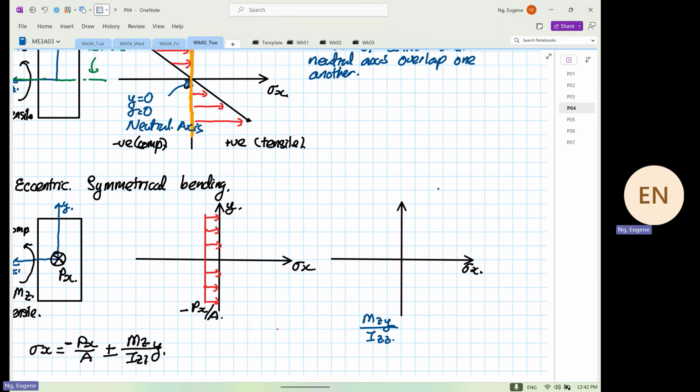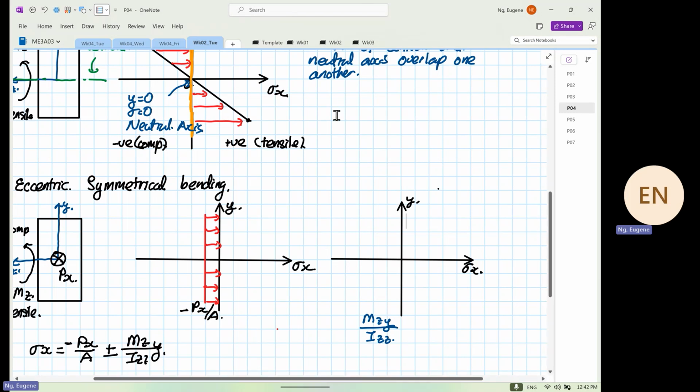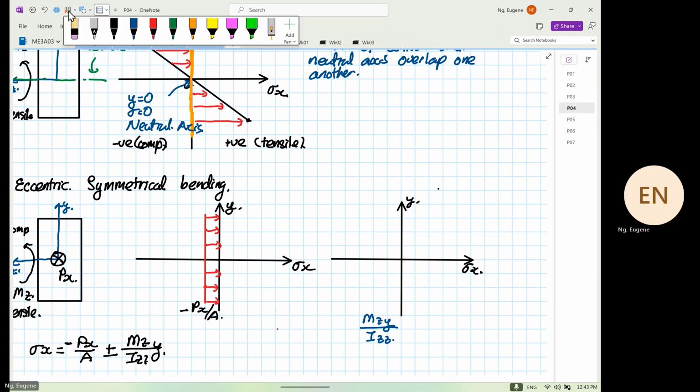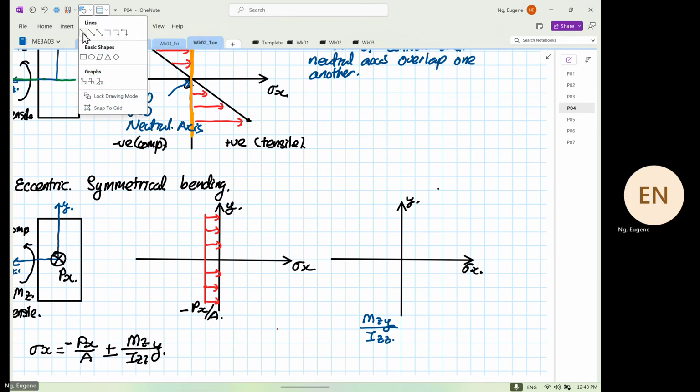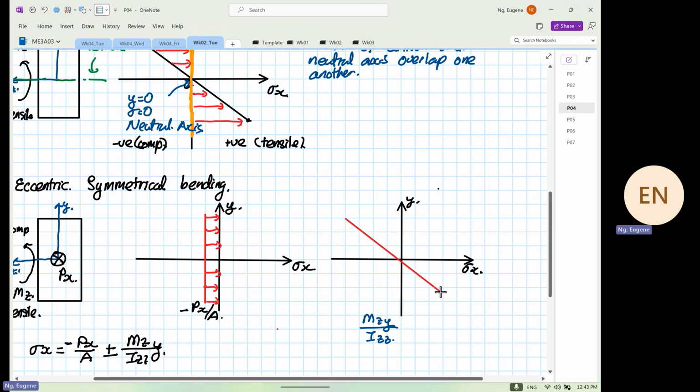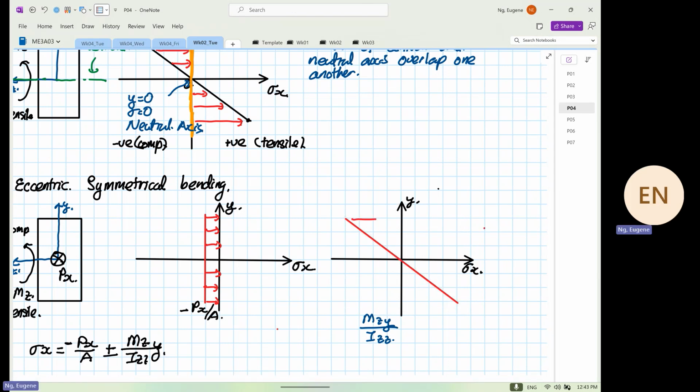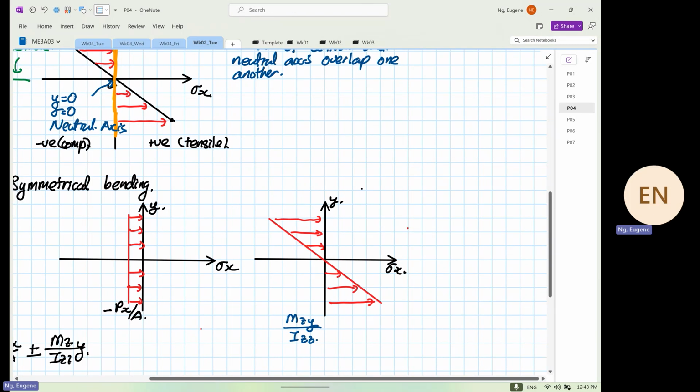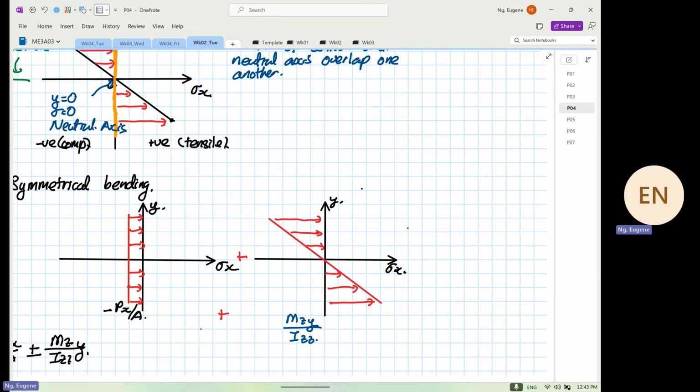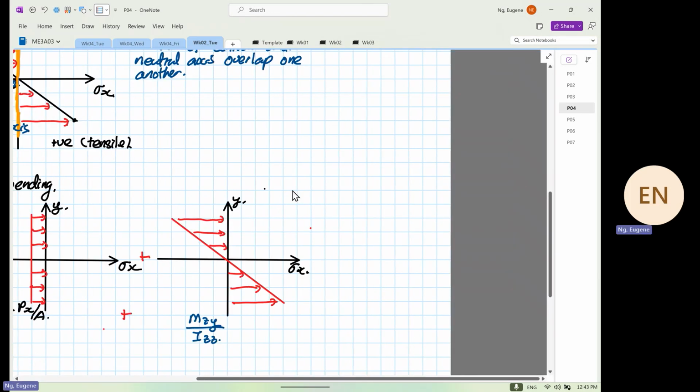So this is our stress X and Y. And we know that it's heading in this direction. Compression at the top, tension at the bottom. Now, when you put both graphs together, at the end of the day, we need to add both graphs together. So when we do that, this will be equal.